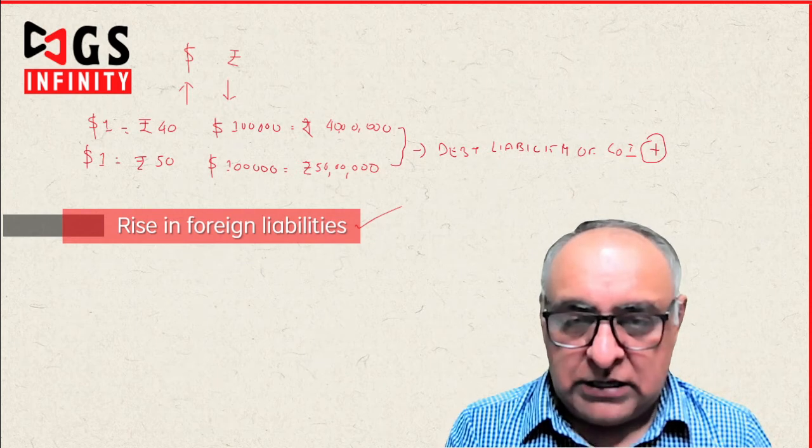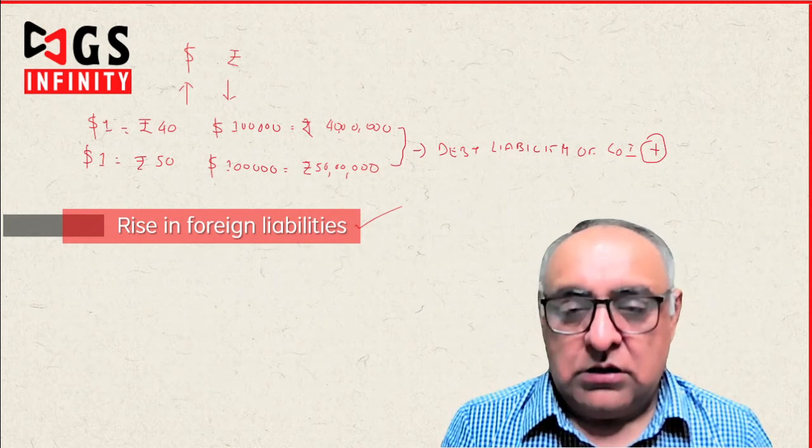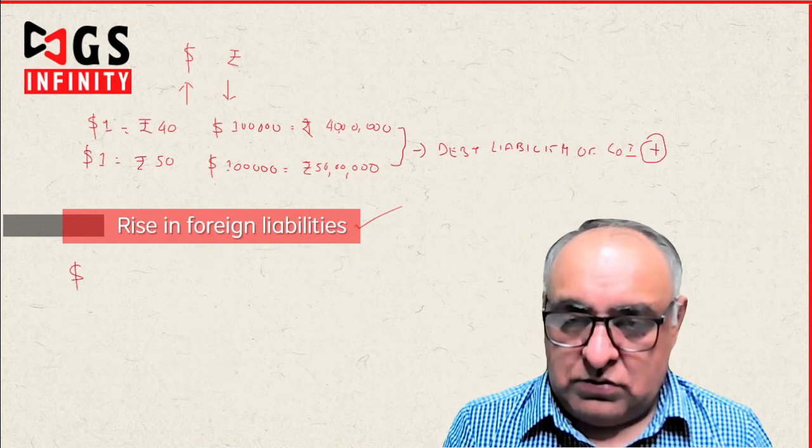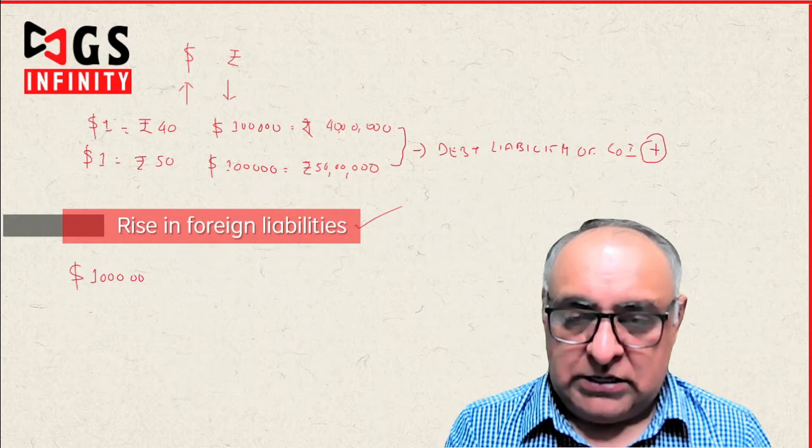Okay? And similarly, let's suppose the government has borrowed 1 lakh US dollars from the international market, and the rate of interest is 2%.